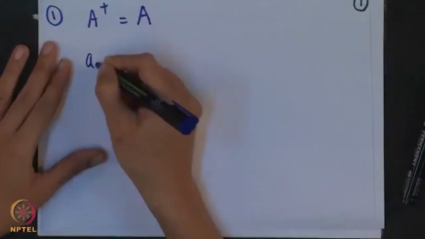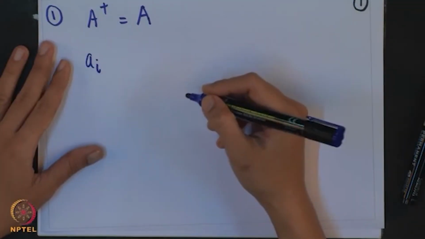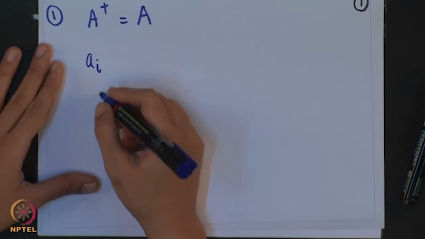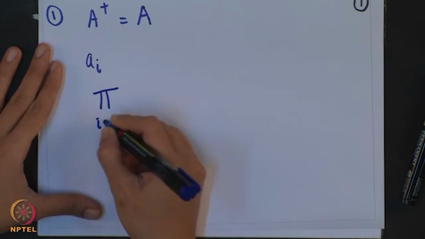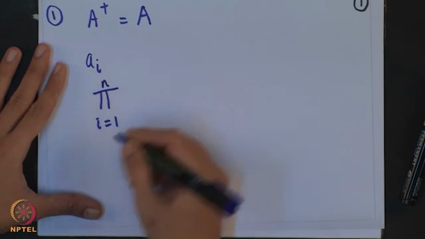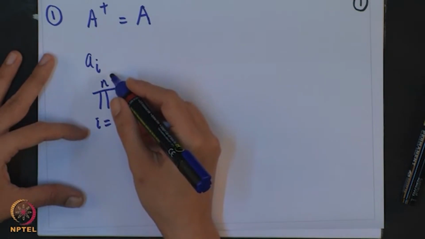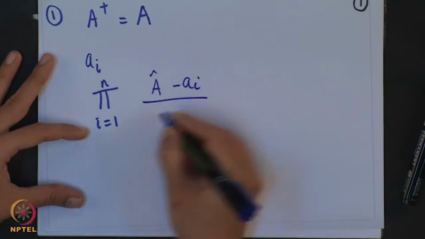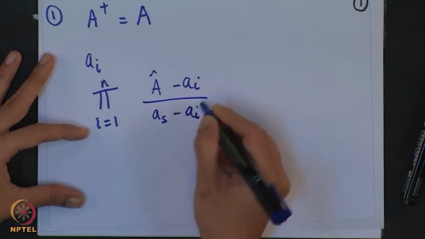The next thing is that this Hermitian operator has eigenvalues a_i. So, a_i is the eigenvalue of this operator. You have to tell what is the significance of this given operator: the product, i going from 1 to n, of (A minus a_i) upon (a_s minus a_i).